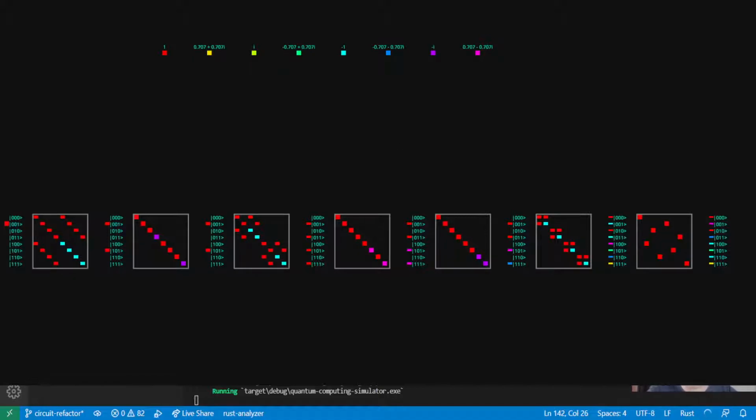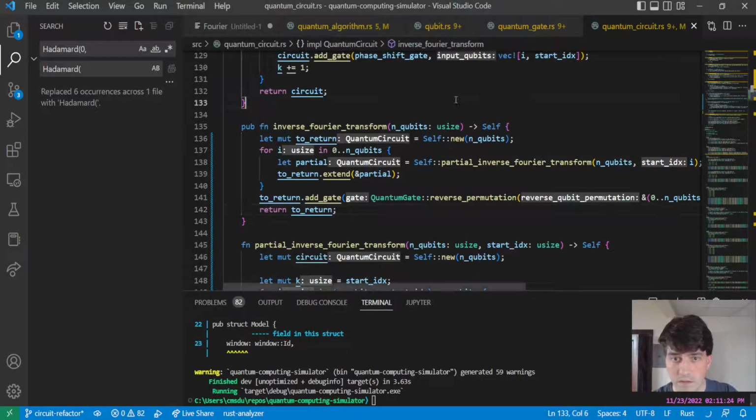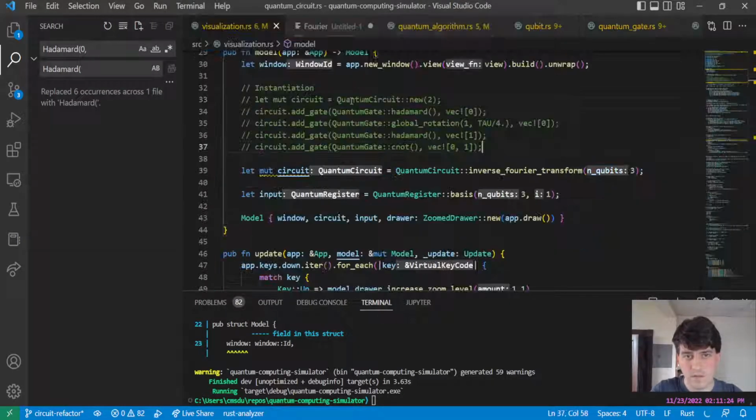I'm just going to screenshot this and put this side by side. So this is the inverse, and this is the actual.